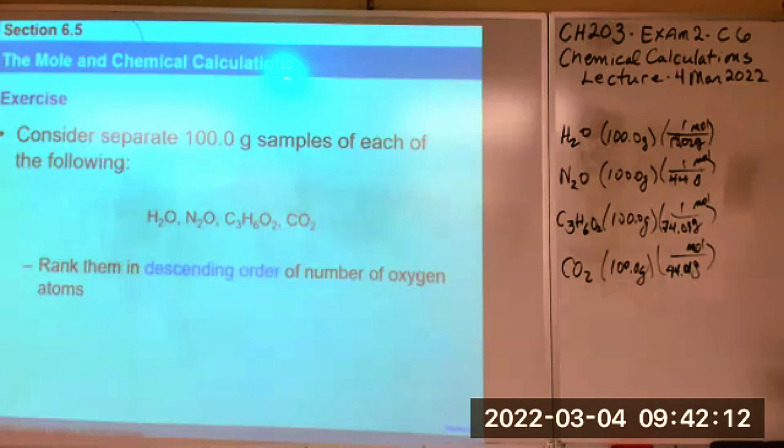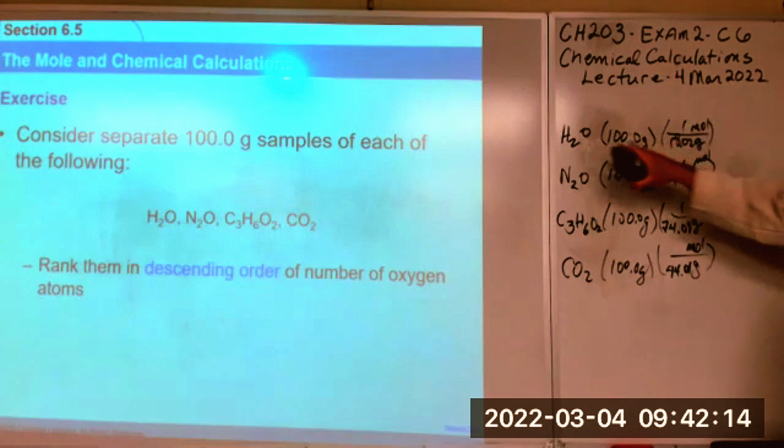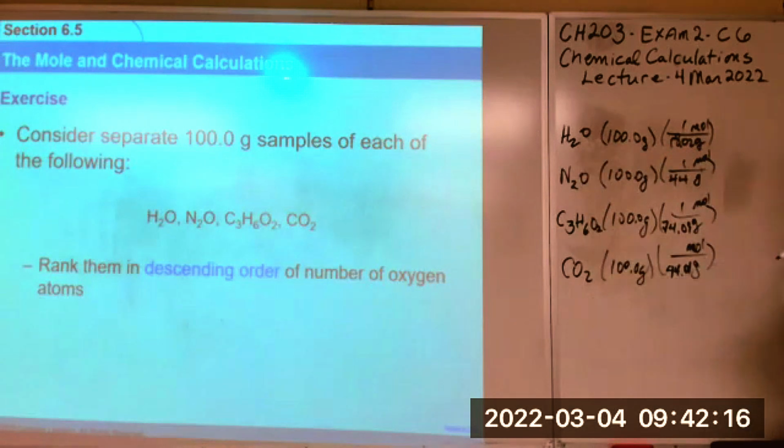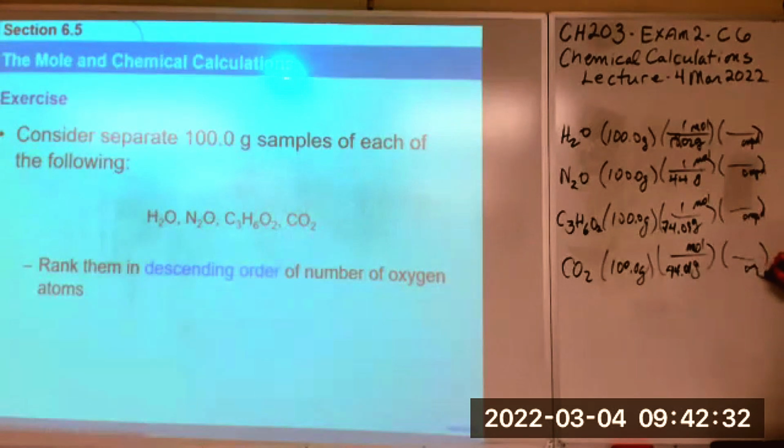Okay. So now we've come to the point where we have moles of the compound. Now that you have moles of the compound, then you can have a compound here, and oxygen on top. All right. This is 1-to-1.